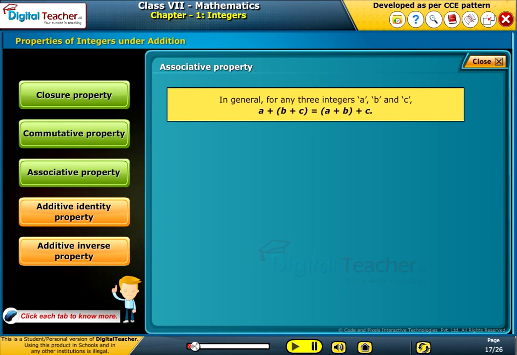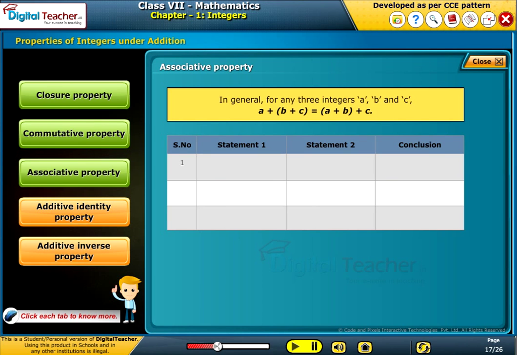Associative property defines that for any three integers a, b, and c, a plus of b plus c is equal to a plus b plus c. In the first statement, 1 plus of 3 plus 2 is equal to 6, and in the second statement, 1 plus 3 plus 2 is equal to 6.